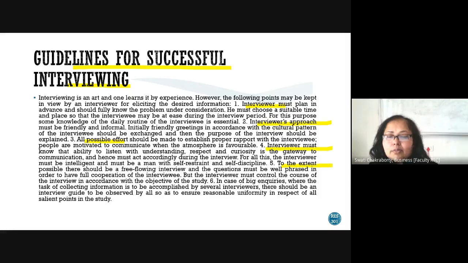To the extent possible, there should be a free-flowing interview, and the questions must be well phrased in order to have full cooperation with the interviewee. In case of big inquiries, where the task is collecting information through several interviewers, there has to be an interview guide which has to be observed by every member of that group of interviewers to ensure uniformity in the way it's done, right?